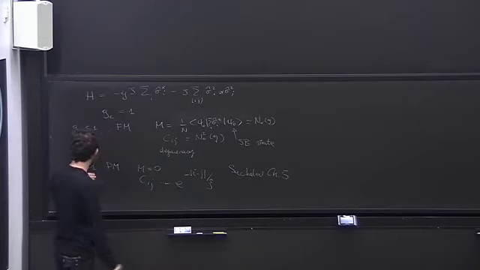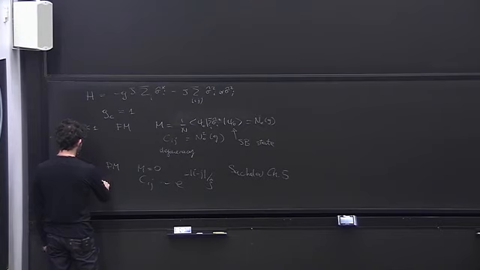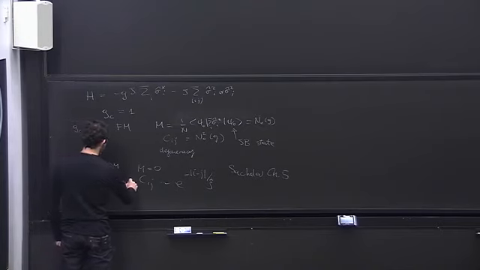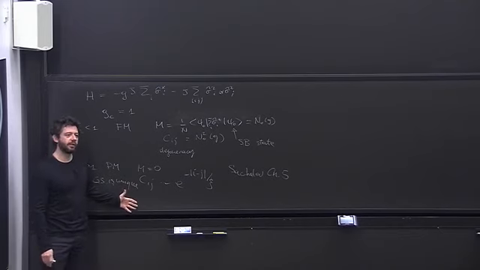But we will see in general that in this situation, okay, so this is a paramagnet, there is no degeneracy, the ground state is unique. In one of the next lectures, we will see that this is a very general statement.